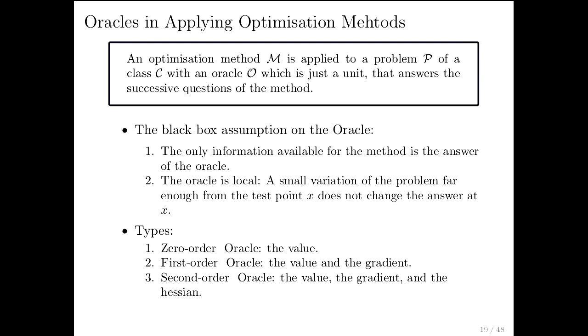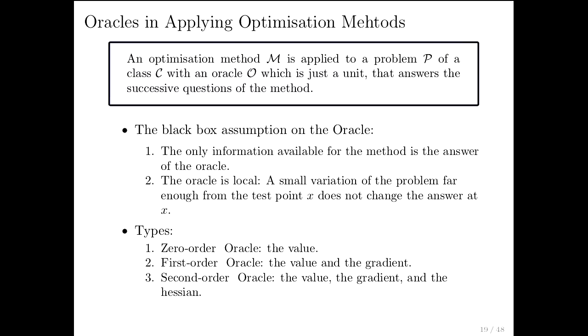What it really means is, if you're asking about, for example, some properties of the problem at point X, and we perturb the query point to X plus delta X, the answer of the oracle is not going to change too much. We can pose it as a continuity property for the oracle. They are just technical assumptions. It's fine not to worry about it.